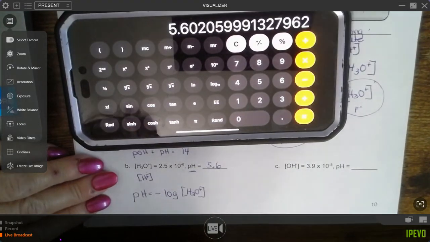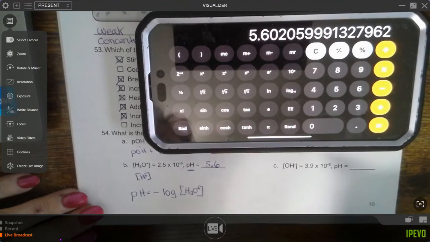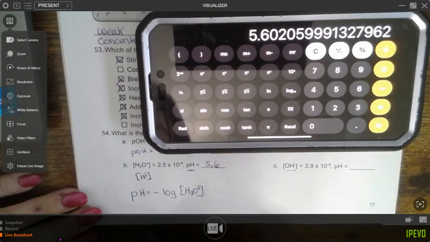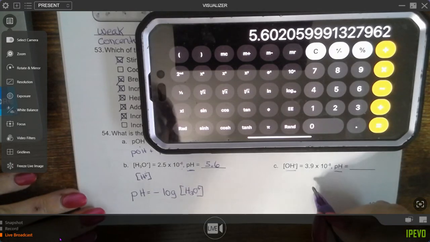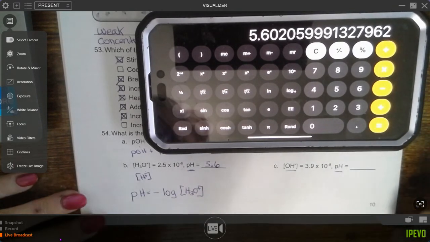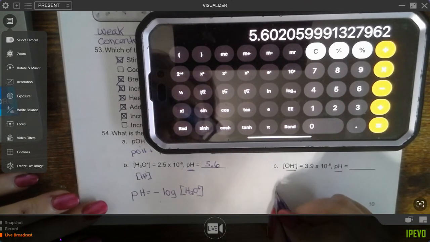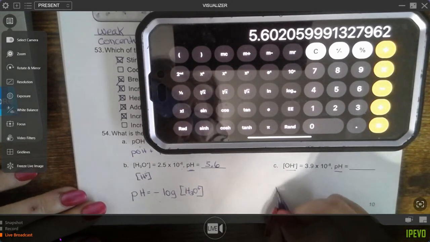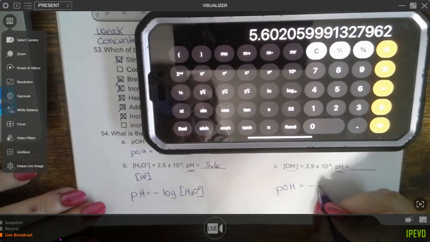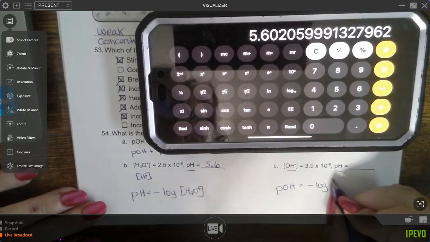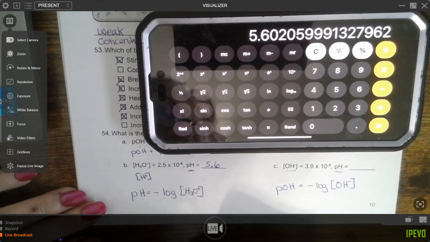Let's see, hydroxide ion concentration. It gives us the hydroxide ion concentration and asks us the pH. There are multiple ways to go about this. I would do the same type of calculation here to figure out pOH. pOH is the negative log of hydroxide ion concentration.